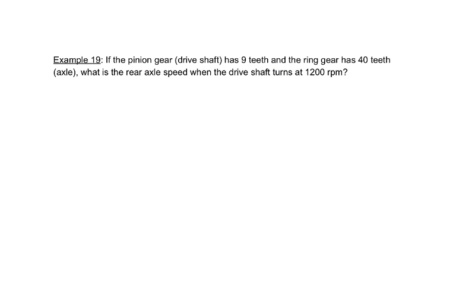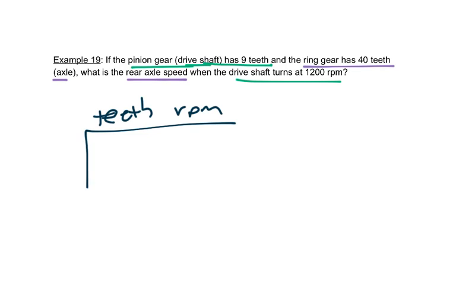And one more example. The pinion gear on the drive shaft has 9 teeth. The ring gear has 40 teeth. That's on the axle. What is the rear axle speed if the drive shaft has 1200 RPMs? So again, we have teeth and RPMs.